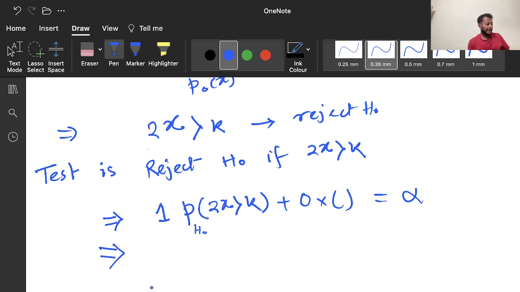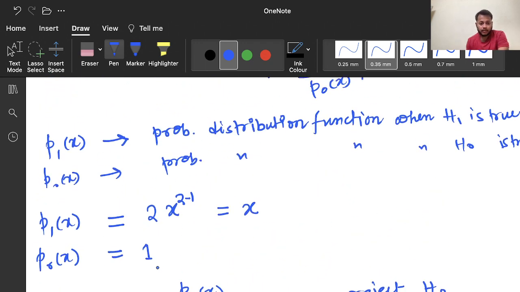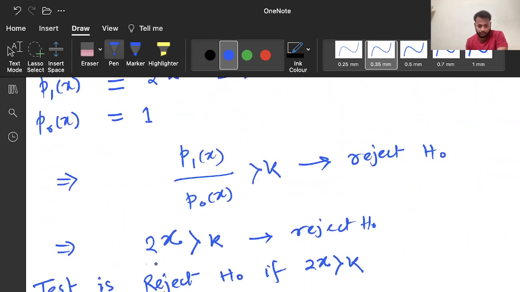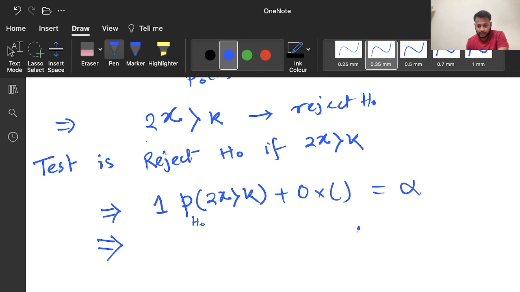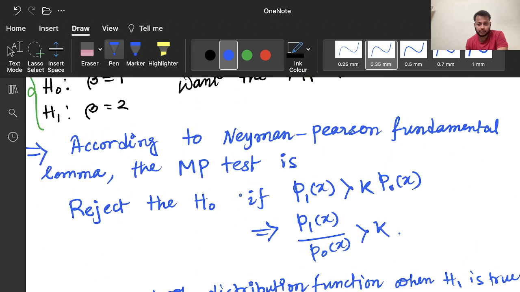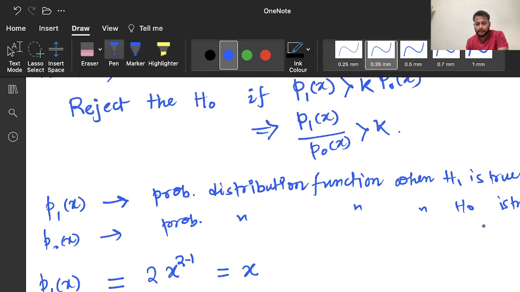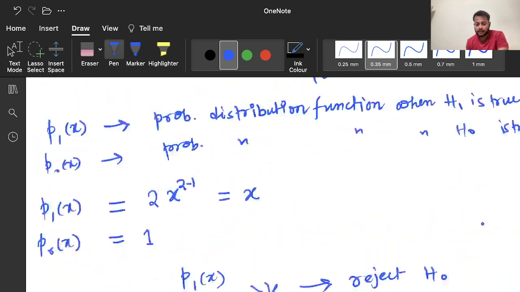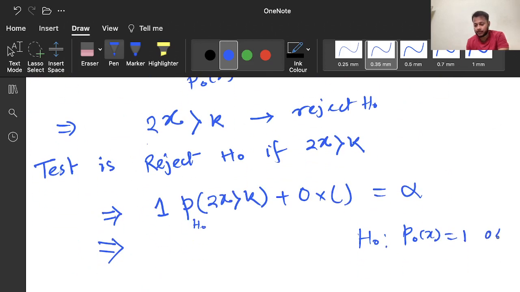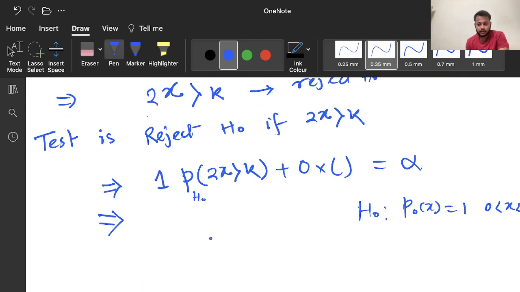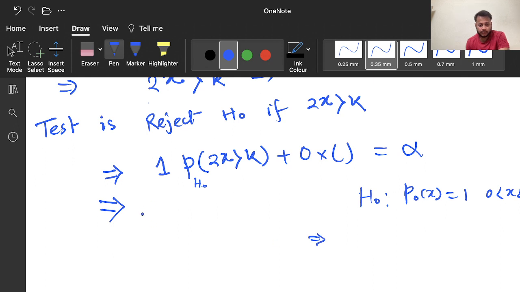Now see, under H0, what will be the probability distribution function? That is P0x will be 1 if x belongs to 0 to 1, this is a uniform distribution function. Then this means P of x greater than K by 2 is alpha.